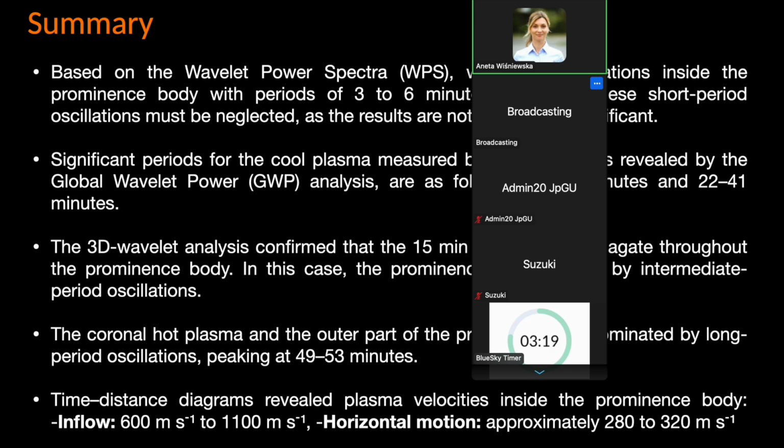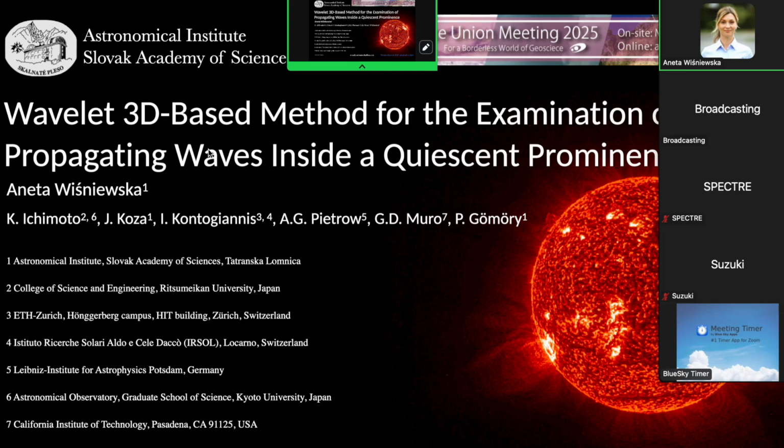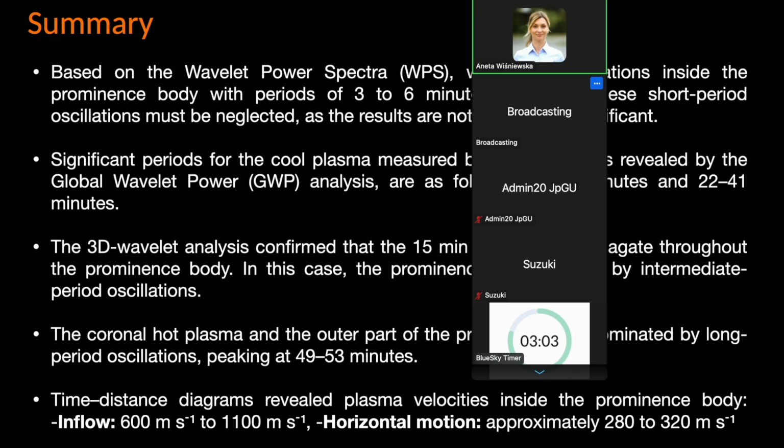Next conclusion is that the 3D wavelet analysis confirmed that the 15 minute oscillations propagate inside the prominence body, and in this case, the inside of the prominence body is dominated by intermediate period oscillations.